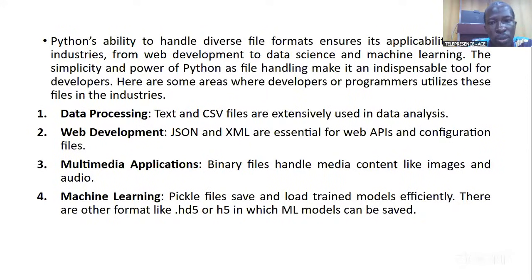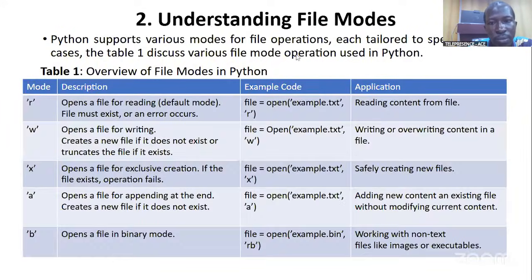Okay, so understanding file modes. Remember that I've said that we have been seeing all these keywords r, w, x, a, and b. I said we would get to the explanation of each so that you can understand what they mean.